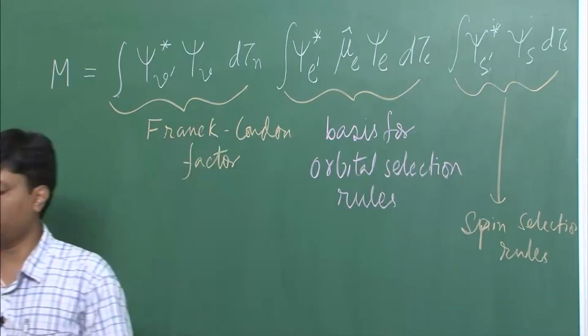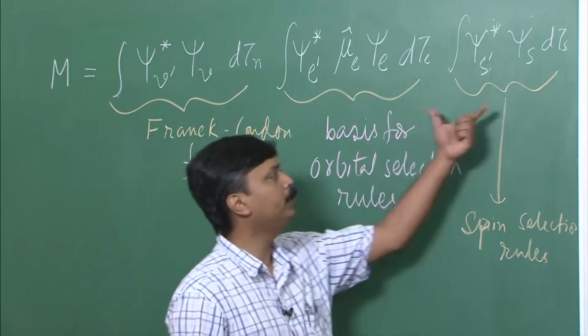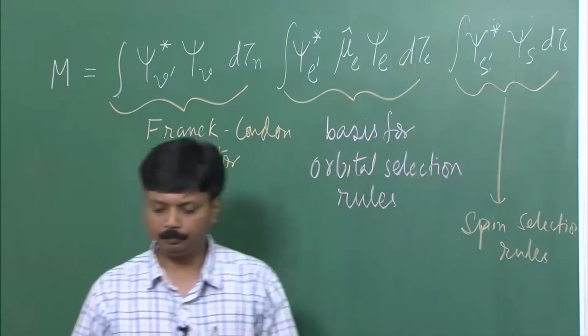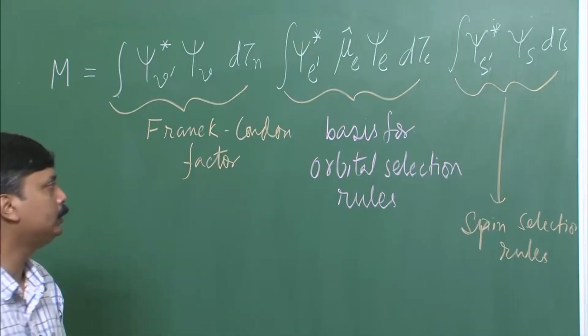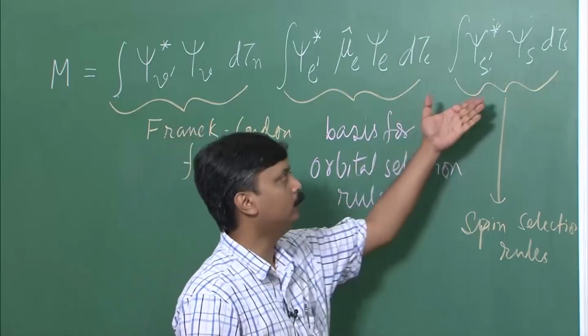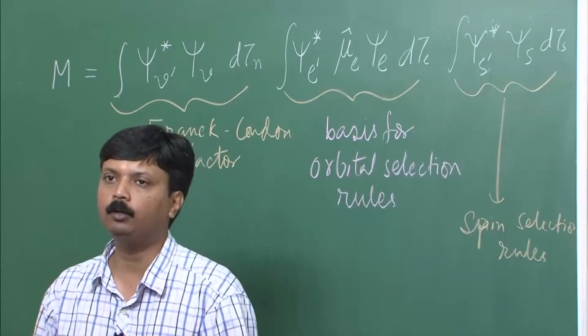Okay, so let's start with the spin selection rule part. This is probably the first thing that one should look at, whether this particular integral is vanishing or non-vanishing.